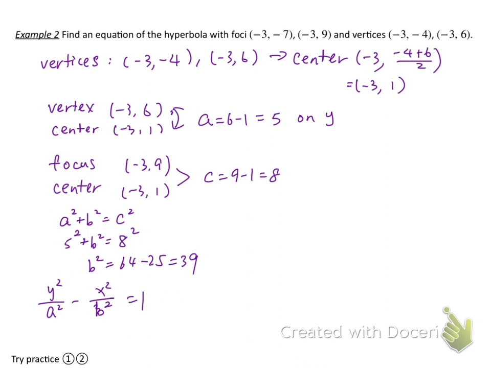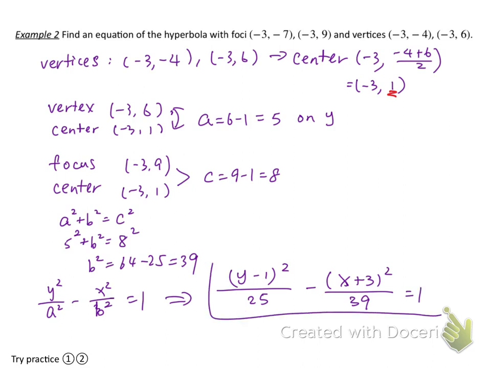And then you bring them in. y will be shifted by minus 1, over a squared, which is 25, minus x plus 3 squared over b squared equals 1. So here's the equation. Okay, now you can try practice number 1 and number 2.